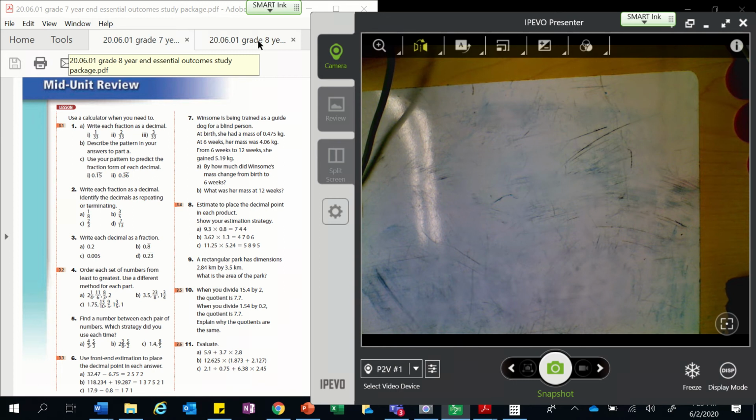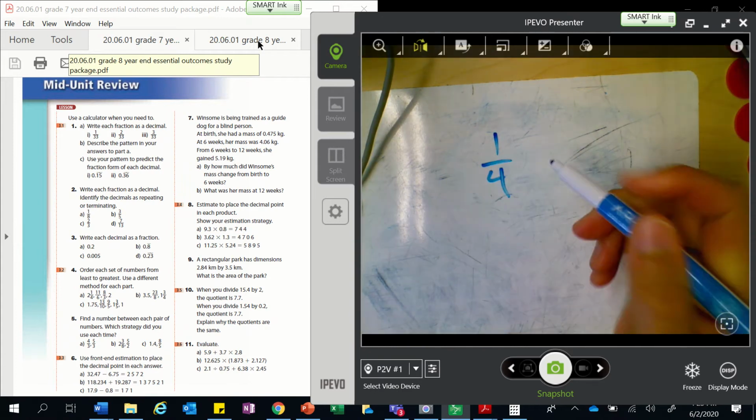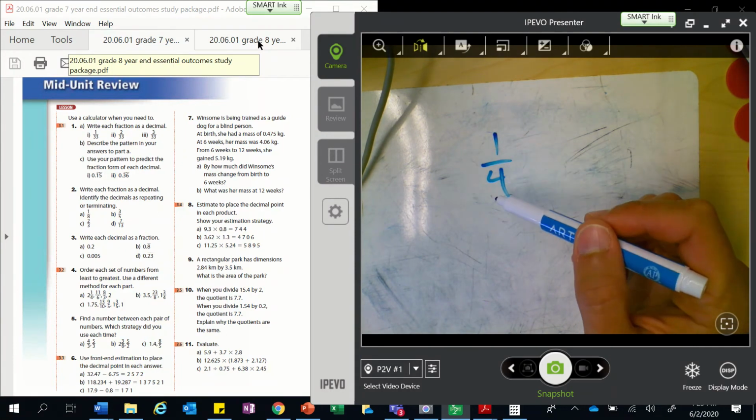So here we're talking about decimals, and ultimately it starts with fractions and decimals. If you want to turn any fraction into a decimal, you could read this as 1 out of 4, or 1 divided into 4 pieces.